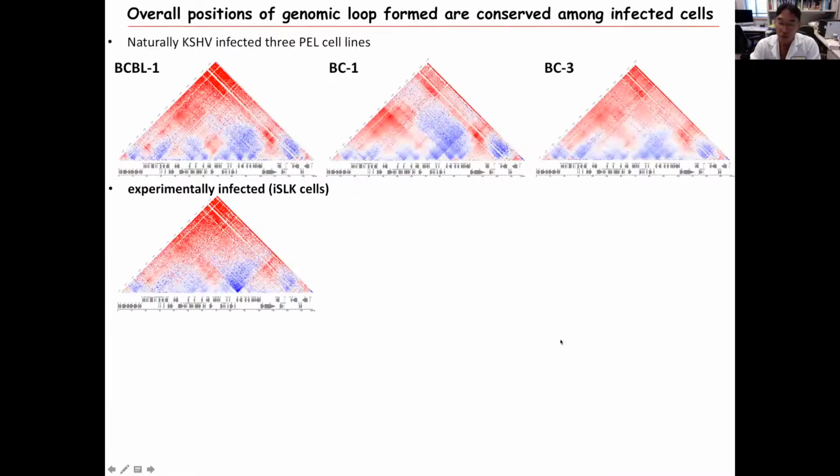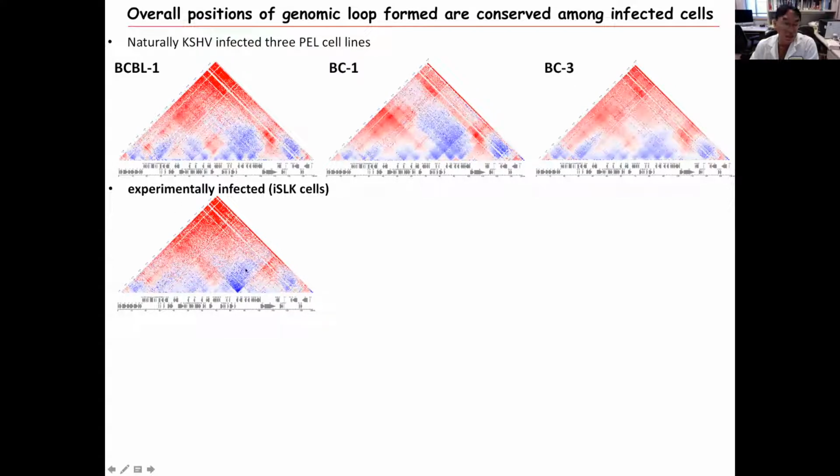Then we compared three different naturally infected KSHV cell lines, primary effusion lymphoma B cell lines, and asked if the KSHV genome structure is conserved. As you can see, these three different cell lines isolated from different patients show very similar genomic structure.